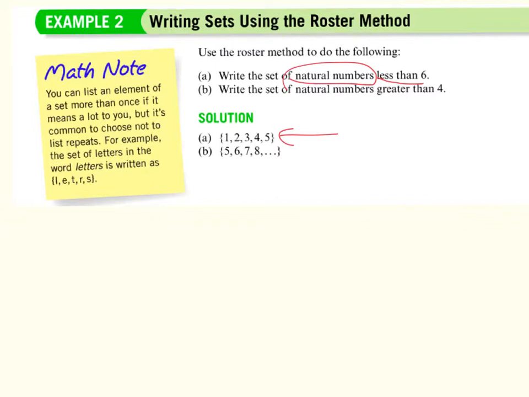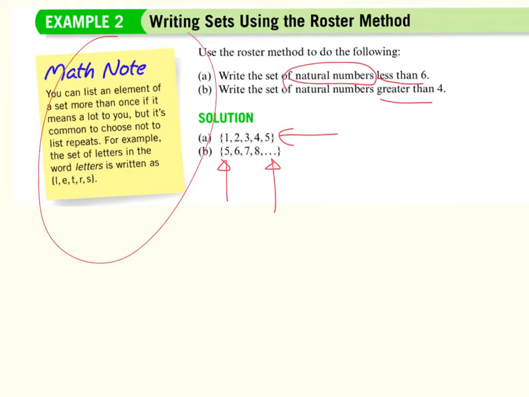The second question is to write the set of natural numbers greater than 4. Again, greater than is not greater than or equal to, so 4 is not included. Therefore, this set starts with 5, 6, 7, 8. Notice that they put the 3 dots at the end to indicate that it will keep going on and on, so it'll be 9, 10, 11, an infinite number of numbers after 8.